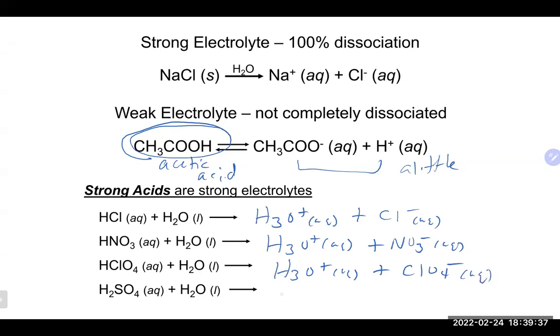And that's sulfuric acid, which will produce obviously H3O+ and some HSO4- in this particular case. These are all strong acids, which means 100% of what you got going on are the ions on the right-hand side. And they are strong acids because they completely break apart.